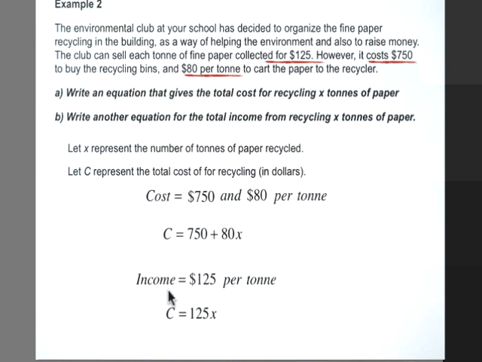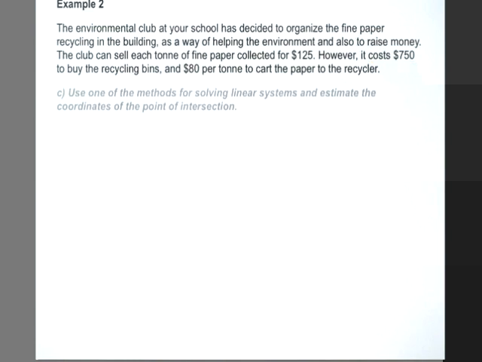Now what we can do is use one of the methods of solving linear systems, and we're going to figure out what the break-even point is, so how many tons they have to collect in order to break even.